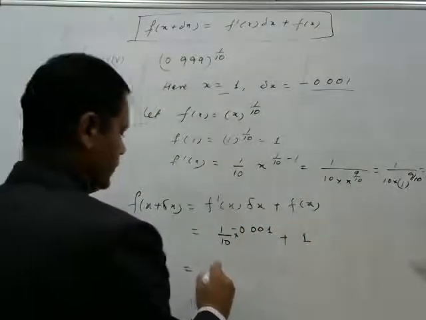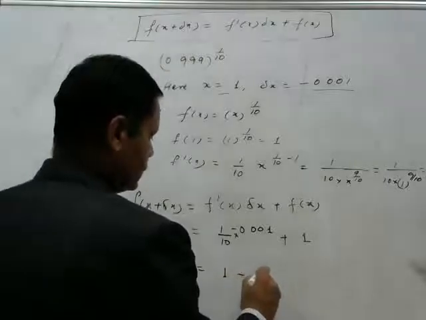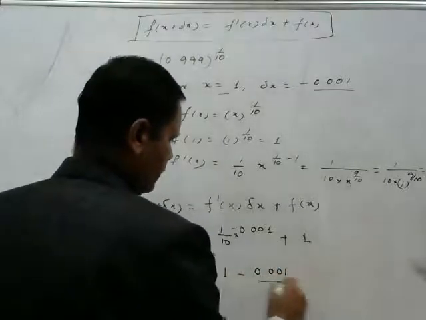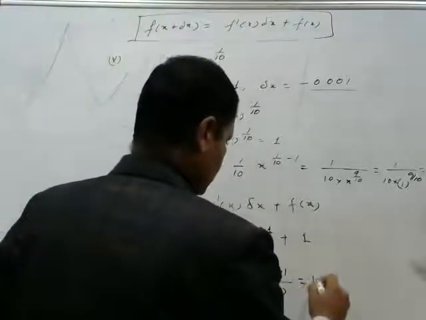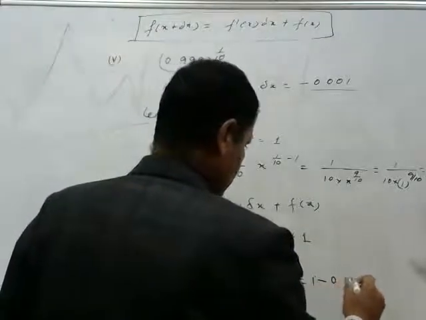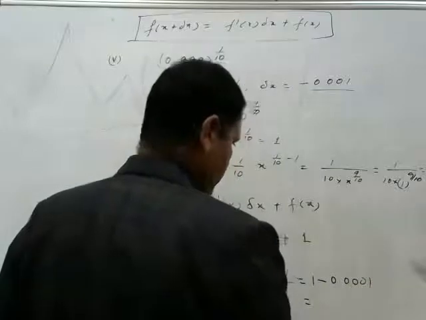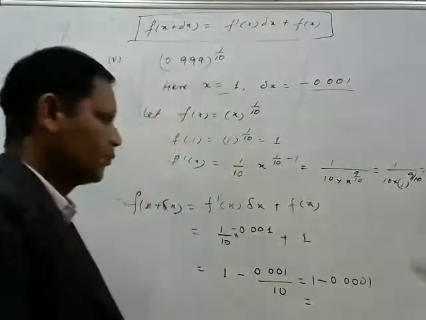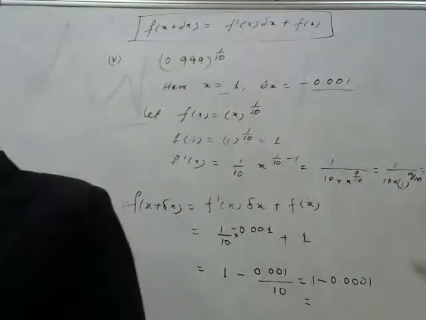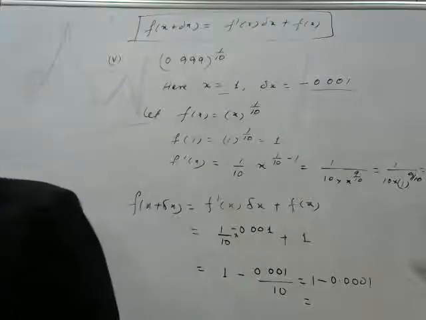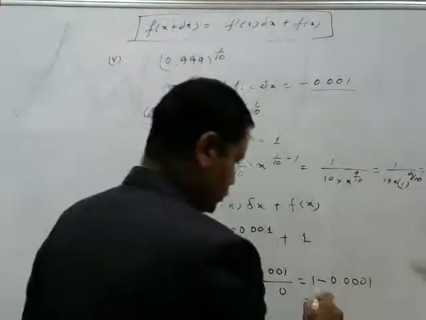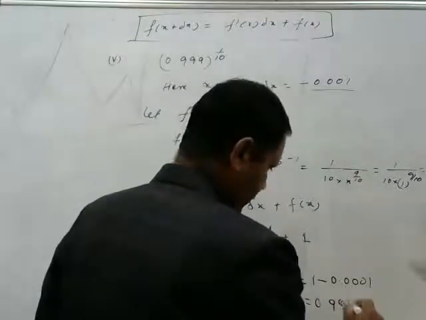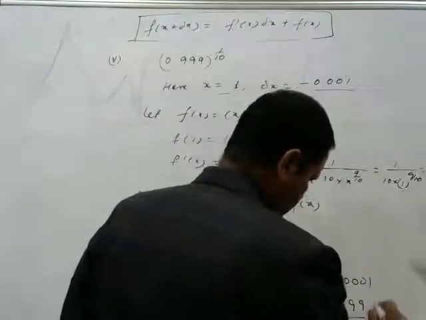Therefore, now we will have 1 minus 0.001 upon 10. That means 1 minus 0.0001, and that will give you 0.9999, and this will be the answer.